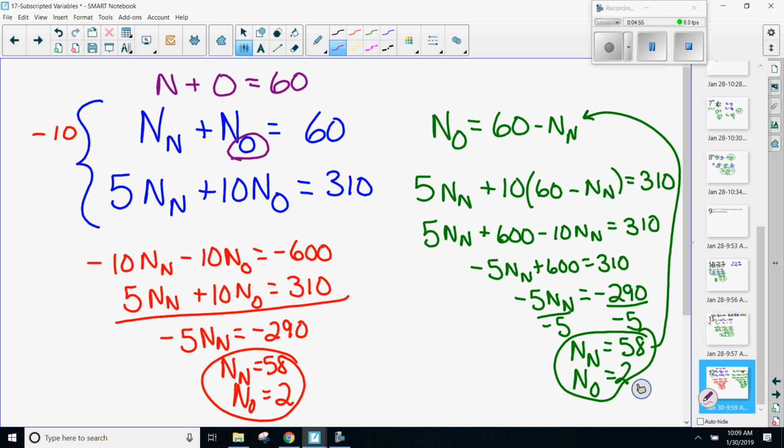Well, when you go to solve the problem, if I just give you N plus 0 equals 60, you subtract 0 from both sides and you get N is equal to 60. But that's not your answer. So it's when you look at this as a subscript, put it in and you misinterpret it as the number 0 instead of a variable.